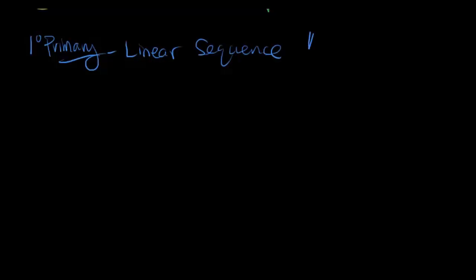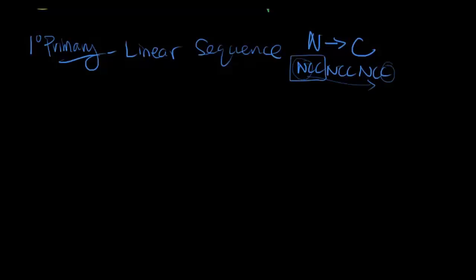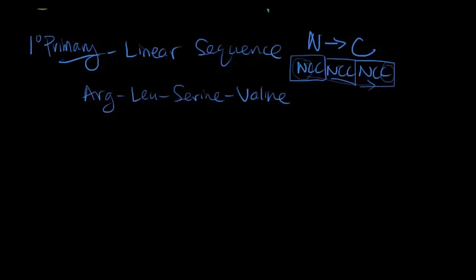With amino acids, we say that they have directionality, N to C. That's because when we have a huge chain of them, they run from N to C. This amino acid being the first one that was there, this one added next, and so forth. Now, the linear sequence is just the order that they're in. So if I have an arginine, a leucine, a serine, and a valine, that is the primary structure, just the order of these amino acids.